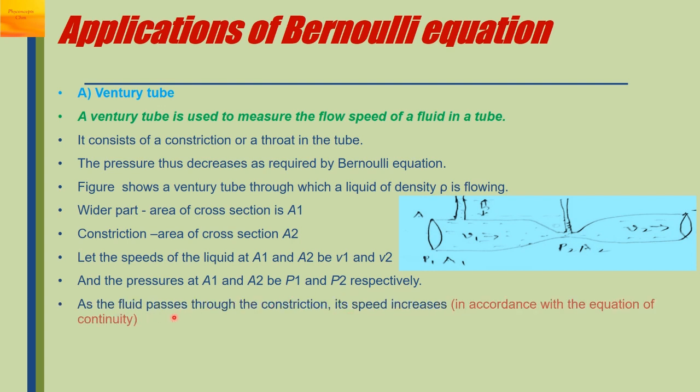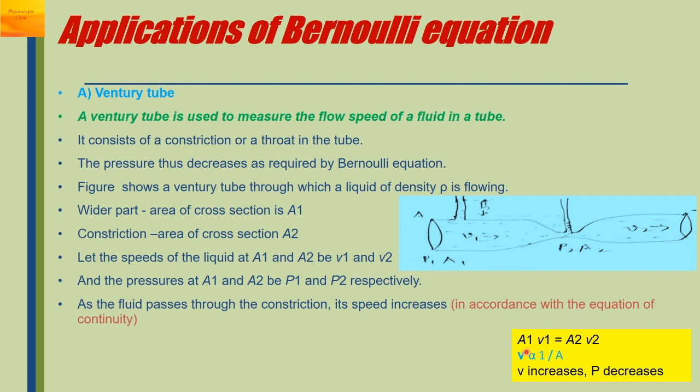As the fluid passes through the constriction, the speed will increase. This is in accordance with the equation of continuity which we had derived in the first video of this series, which you can go and check.